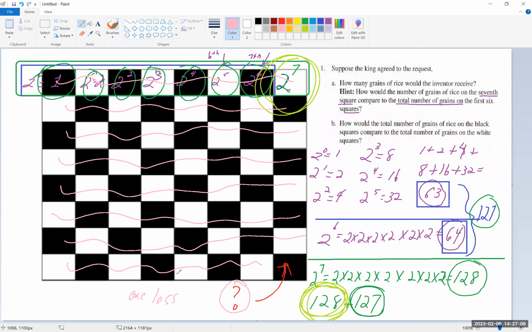Then if you add up the last one plus 1 less than that one, then you know how many are in the whole entire thing.